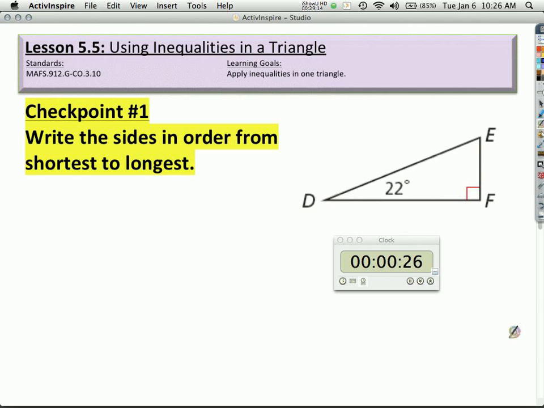Again, when you finish, compare your answers with your new teammates to see if you all agree.